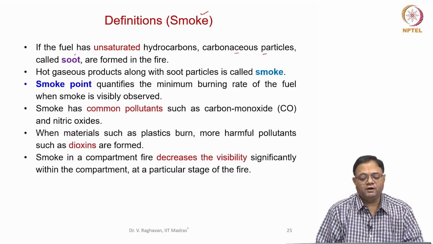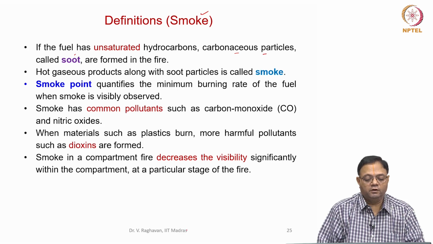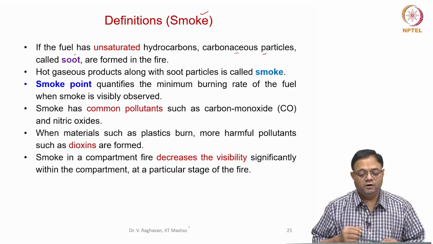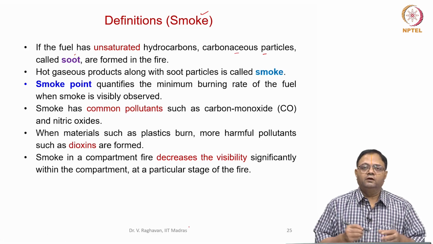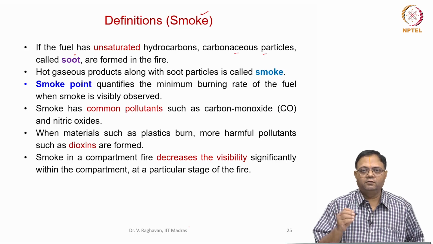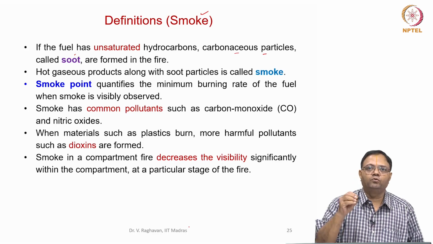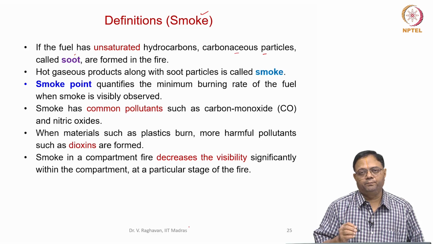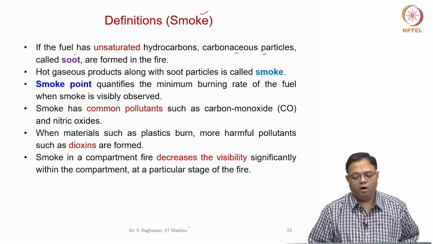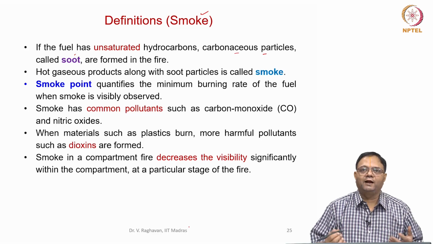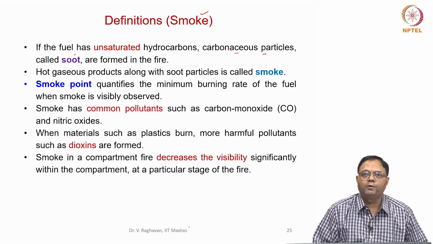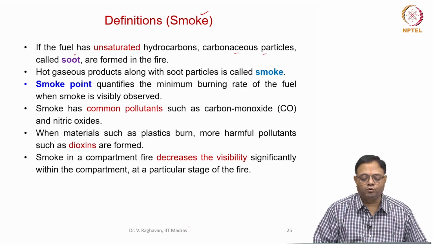So, basically what happens is, if you take, for example, a candle flame, as I discussed earlier, in a slow burning situation the smoke will not appear at the tip of the candle flame. But if you have a bigger candle, or if you do not have good aeration, then you will see that the tip of the candle flame opens up and smoke comes out.